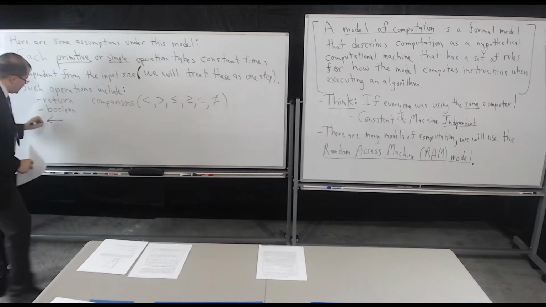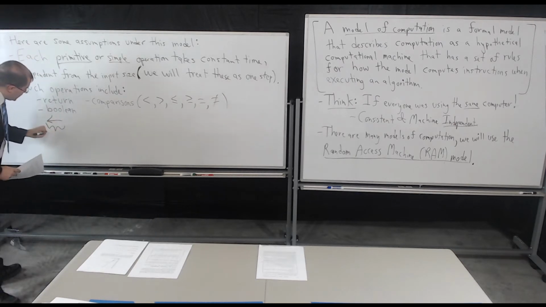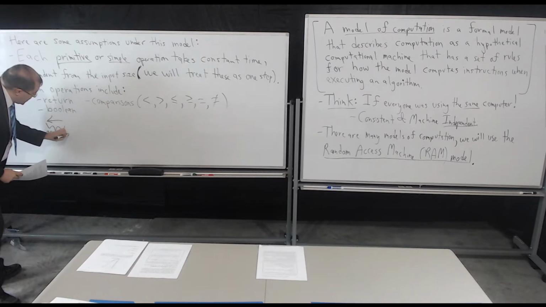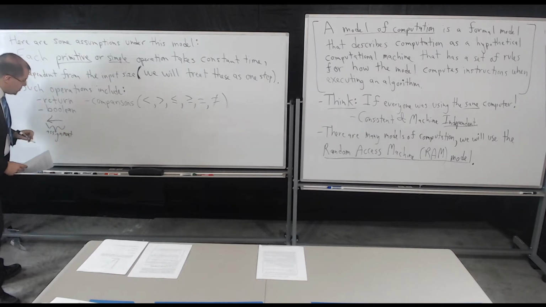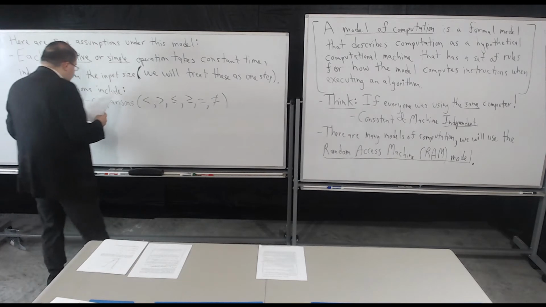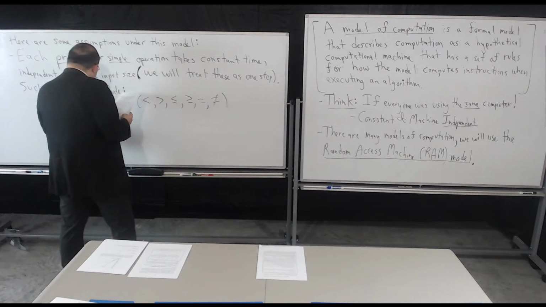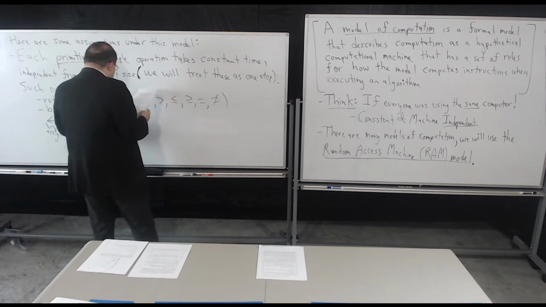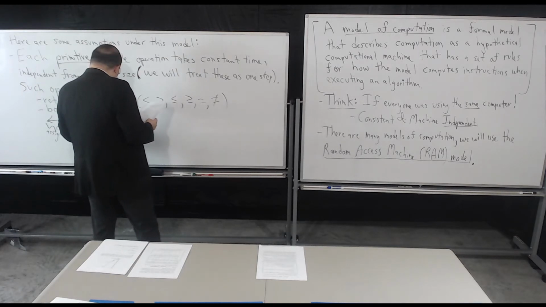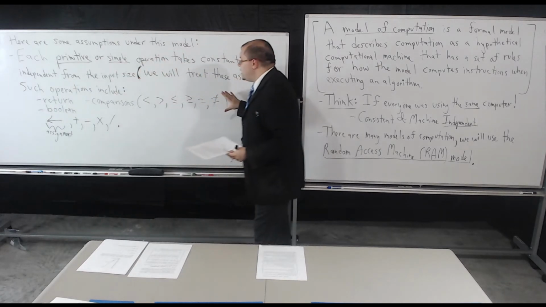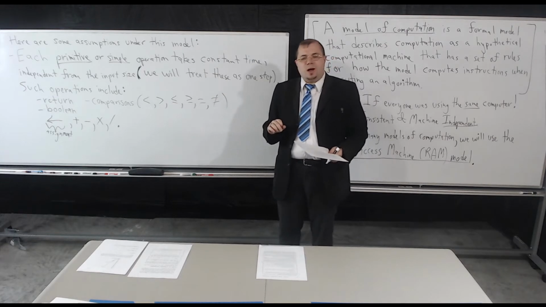Remember, this arrow here is assignment, just like when you assign a variable some value. Addition, subtraction, multiplication, division, and that's all of them. So I'm going to assume that all of these are primitive or simple operations.